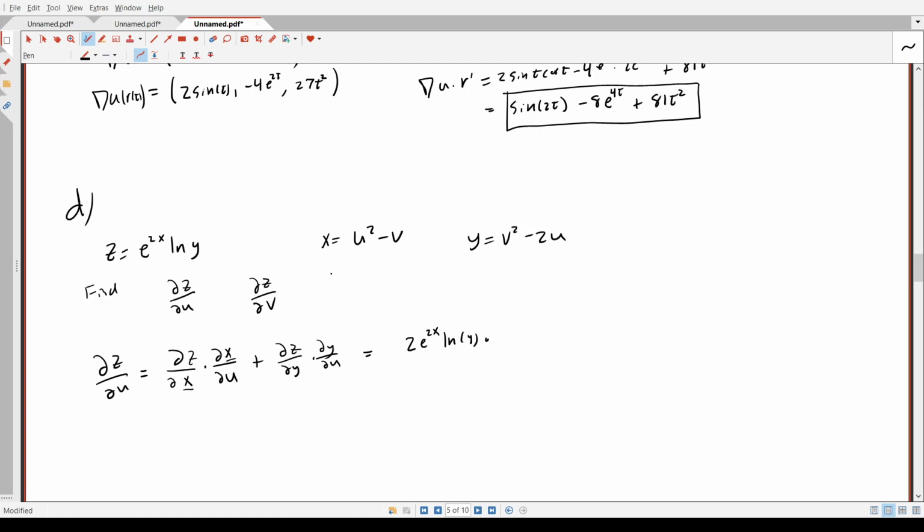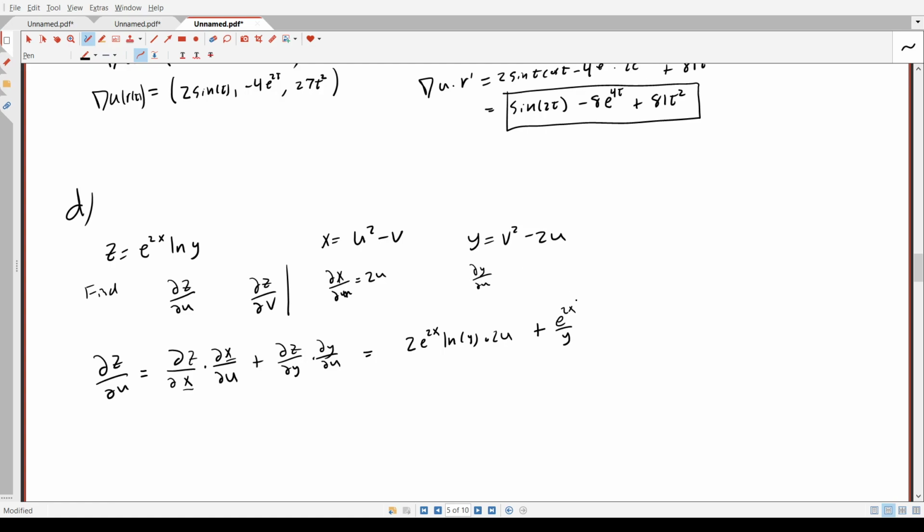The derivative of x with respect to u, dx/du, is going to be 2u, so times 2u, plus dz/dy, that's going to be e to the 2x over y times dy/du.